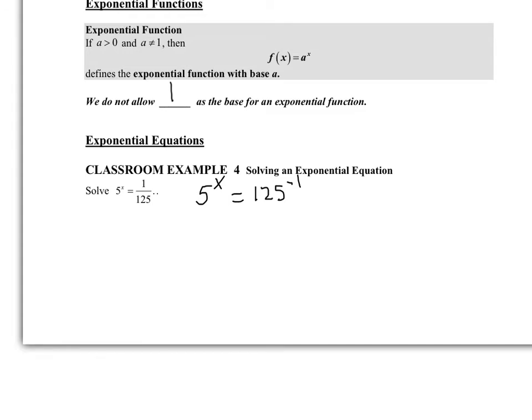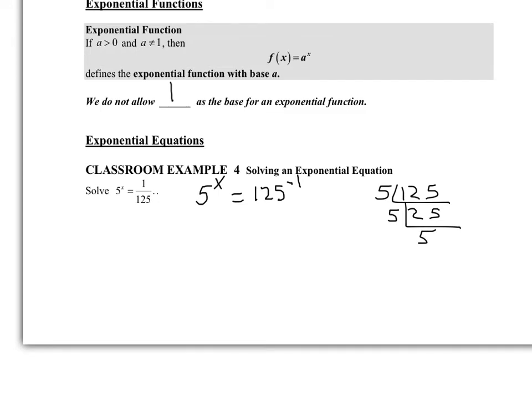Now, the trick becomes I want to rewrite each side so that I can have the same base. 5, I'm not going to be able to change to anything else, but possibly 125 I could rewrite. And in fact, if I did the prime factorization with 125, I would see that 5 goes into it 25 times, and 5 will go into 25 5 times.